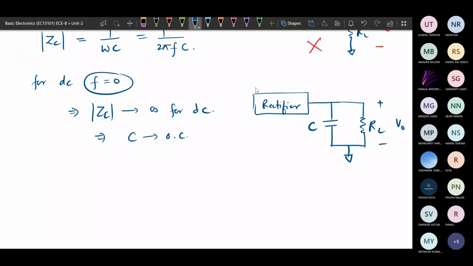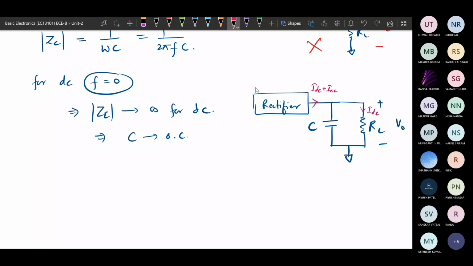In this configuration, the current flowing is IDC plus IAC. As we already know, DC cannot flow through the capacitor, so for DC it will be open circuit. That means the DC will only flow through the load.